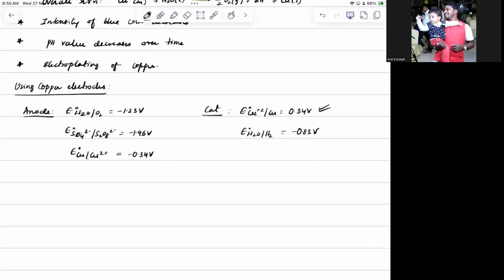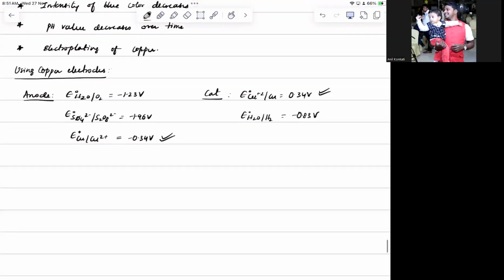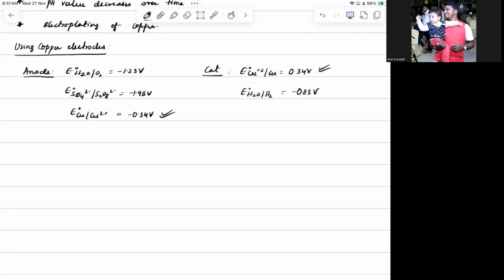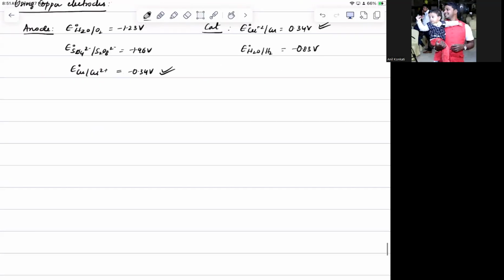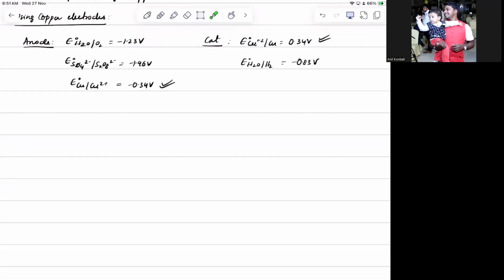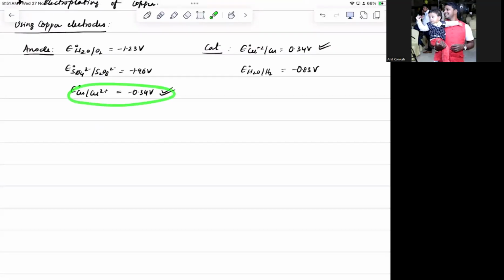So you will notice this one and here this one. One is cathode, one is anode. These two are the ones which will get reduced. Now, in this case, whenever there is copper getting reduced, we can use this especially when you have an impure copper on the anode side.